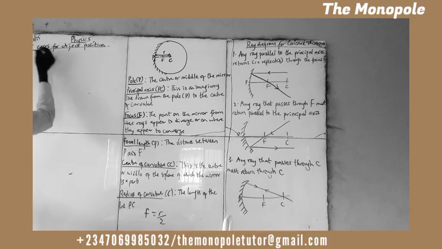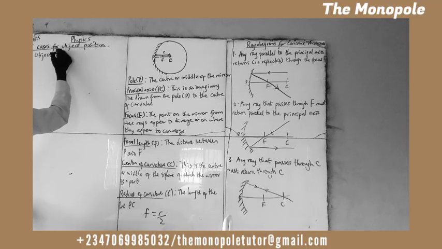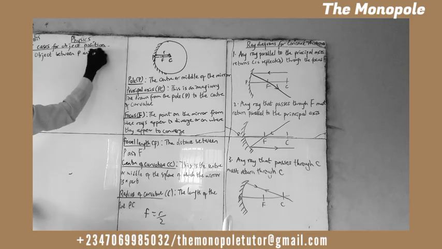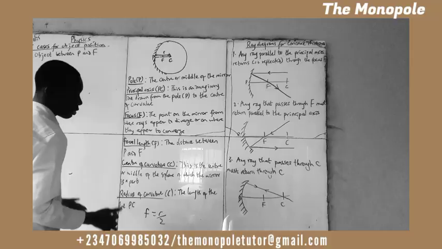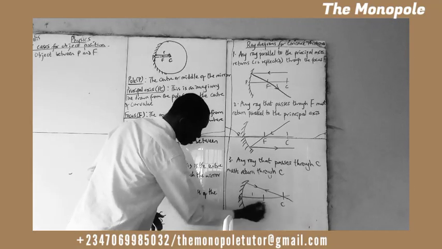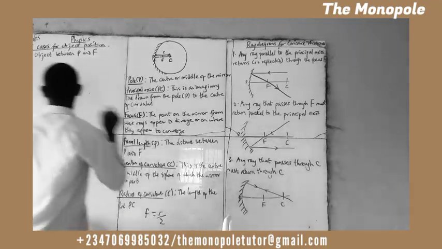Case 1 is when the object is somewhere in between P and F. What type of image will form?